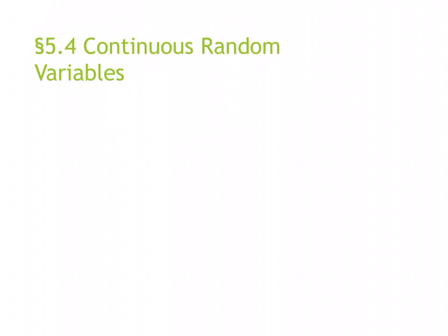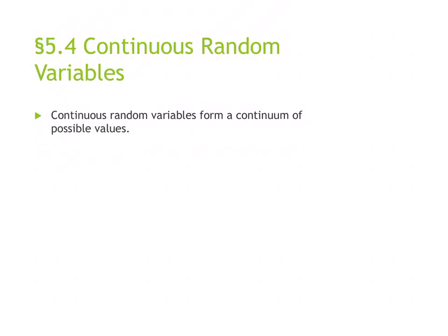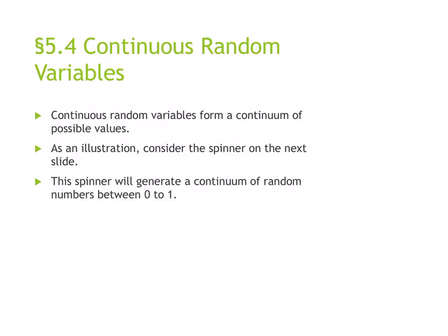Continuous random variables. All those examples were about discrete random variables. Continuous random variables form a continuum of possible outcomes. They're always continuing. As an illustration, consider a spinner on the next slide. The spinner will generate a continuum of random numbers between 0 and 1.